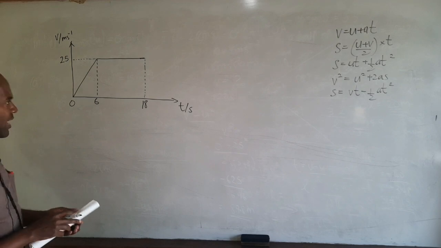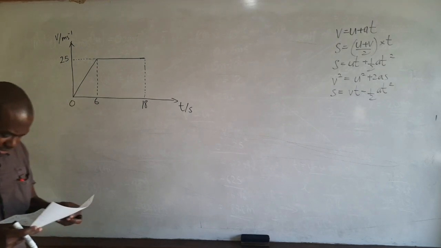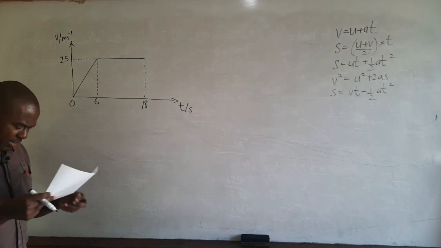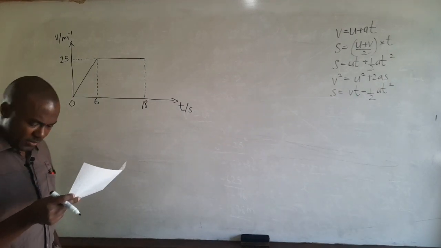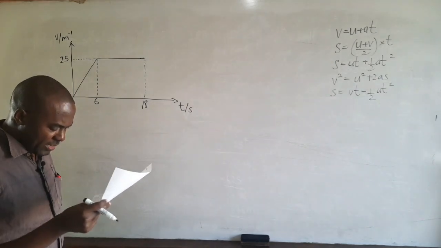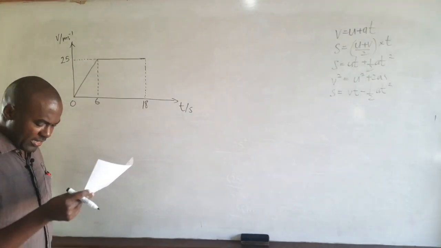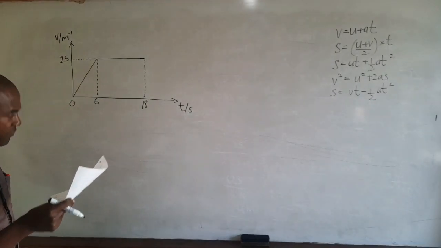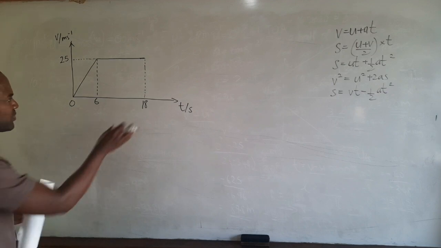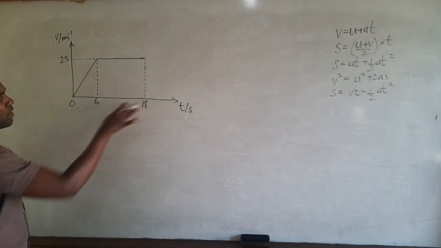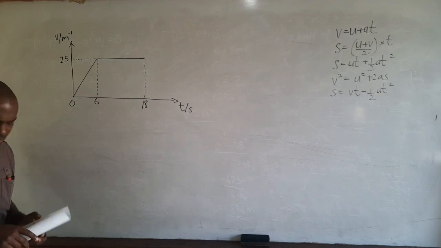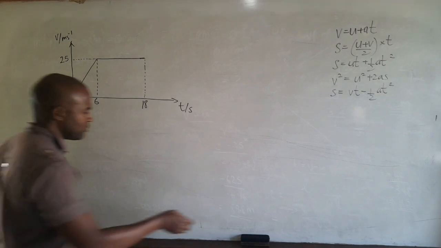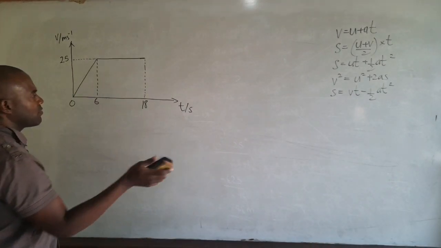Right? Lastly, we're told that it is uniformly retarded and comes to rest 38 seconds after the start of the motion. So up to this point, it had been traveling for 18 seconds. So if it's going to come to rest 38 seconds after the start of its motion, we need to basically make sure the graph is somewhat reflective of that.